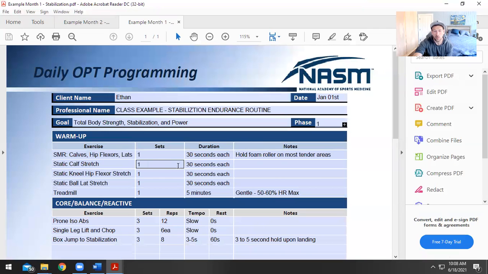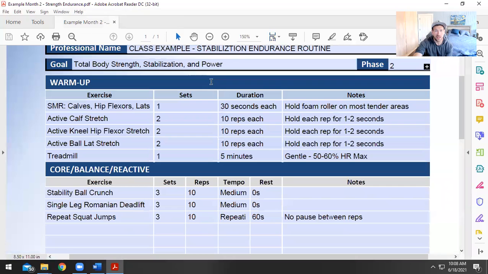So notice how we do just a 30-second hold for my duration for my stretch, right? But over here in my active stretches, it says do 2 sets of 10 repetitions, and then it says hold each rep for only 1 to 2 seconds. So let's say I'm doing a pectoral wall stretch, because you can see it on camera a little better.